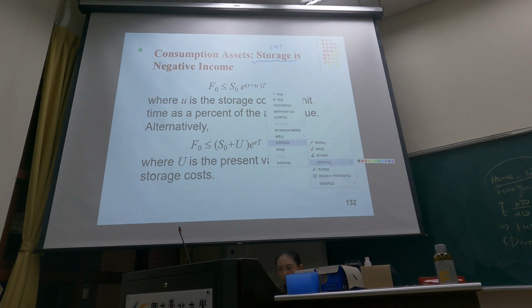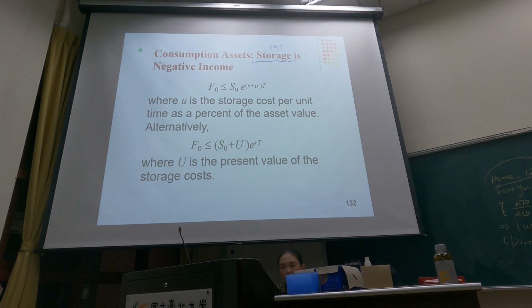It will be plus u when u is in percentage, and plus U when U is in dollar amount. U is the cost incurred when holding the spot. So your futures or forward will become more expensive.